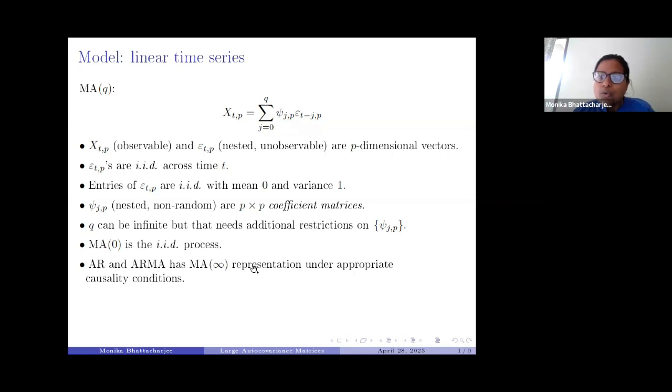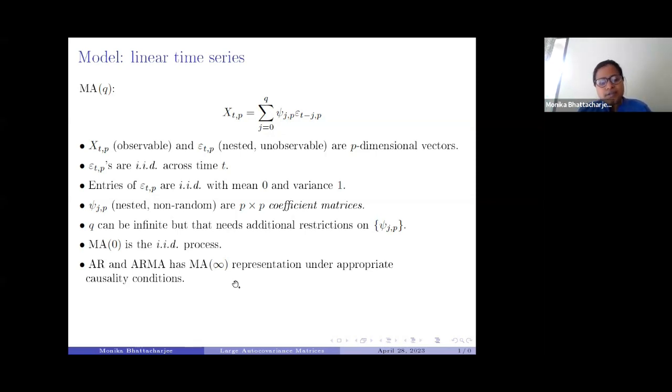We all know that in time series, the well-known linear models are the autoregressive (AR) process and the autoregressive moving average (ARMA) process. Under a certain causality condition, these can be written as moving average processes of order infinity. That happens in the finite dimensional setup.